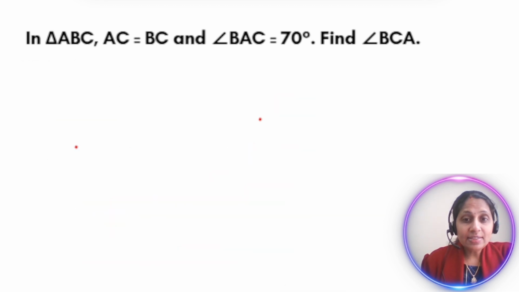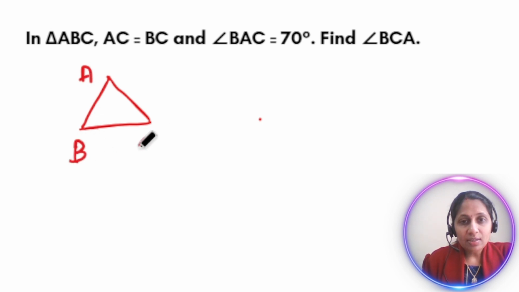So the next question is, in a triangle ABC, AC is equal to BC. Which means these two angles are equal, and angle BAC is 70 degrees. So find angle BCA.